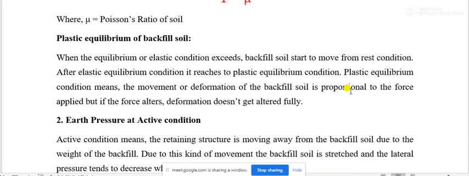Now the next part of earth pressure is earth pressure at active condition, and the third one is earth pressure at passive condition. To understand these two types of earth pressure conditions, active and passive, we have to first understand the plastic equilibrium condition.